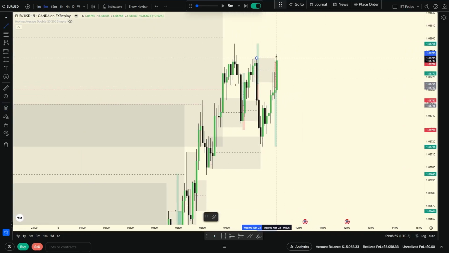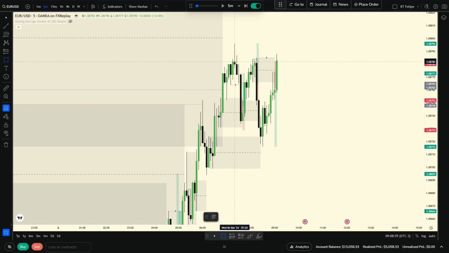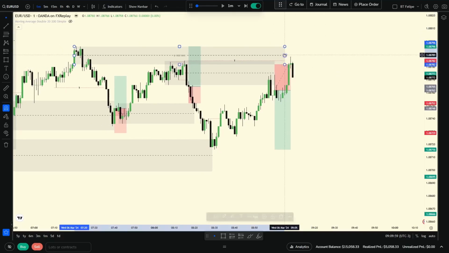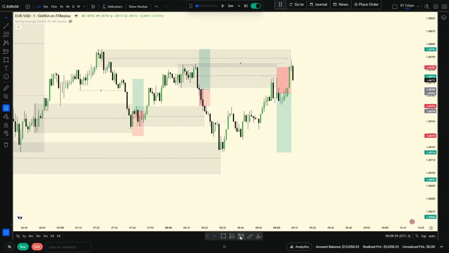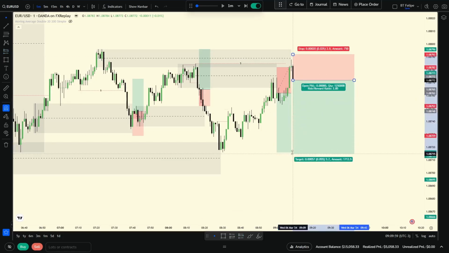And M5 manipulation. Maybe this wick can hold. Yeah. Let's try it again.